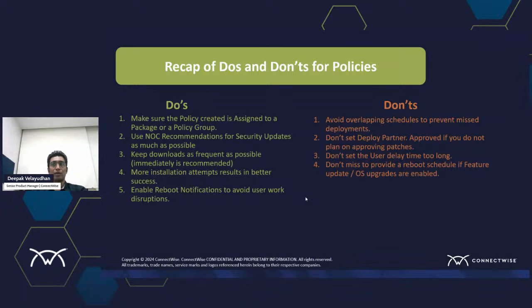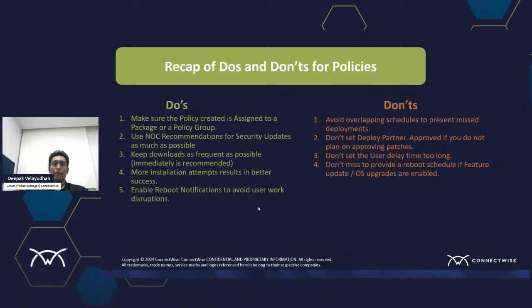Use the NOC recommendation or ConnectWise recommendation for security as much as possible. That's a big value add, and you will find things getting more efficient. Keep your downloads as frequent as possible. That has no impact on endpoints. Have more installation attempts for better results and better success, and enable reboot notifications to avoid disrupting users.